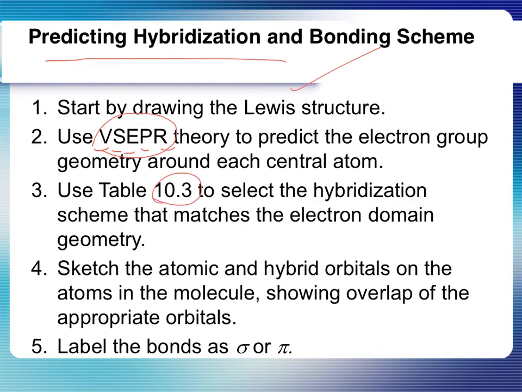Use the table I just showed you on the last slide, it's also in your book, to select the hybridization that goes along with however many electron groups are around the central atom. You should be able to label the bonds as sigma or pi. Remember, all single bonds are sigma, and pi bonds are used to make double and triple bonds.